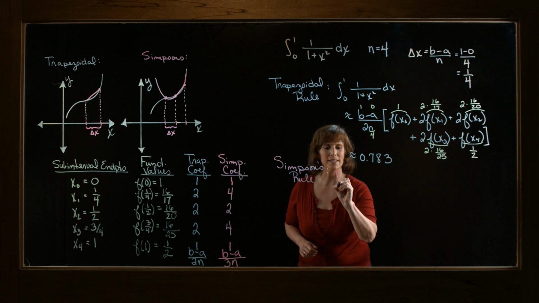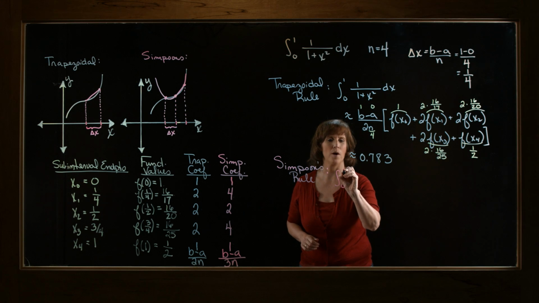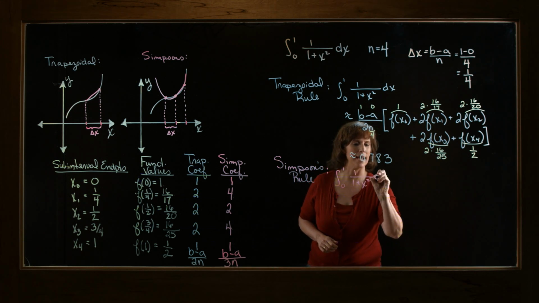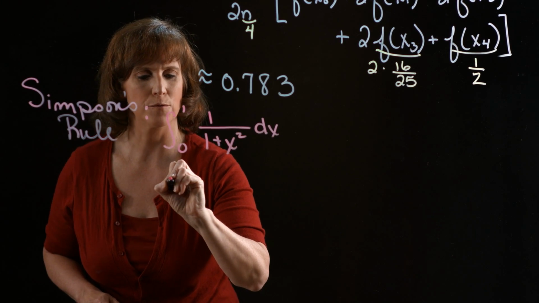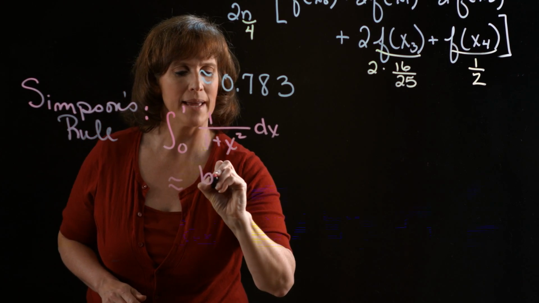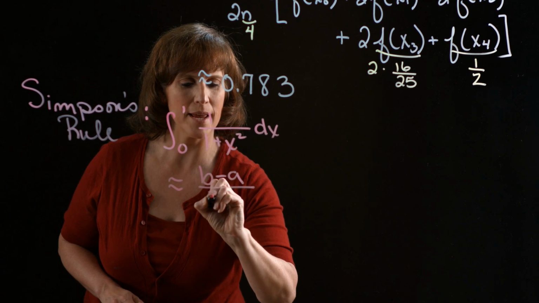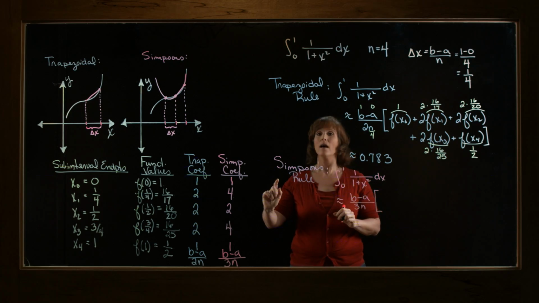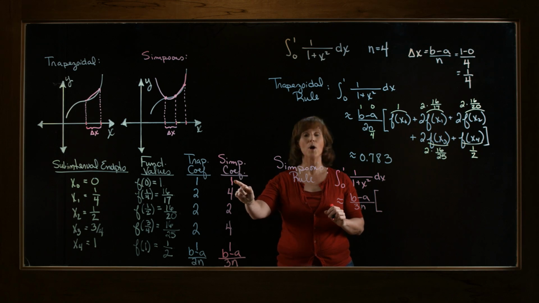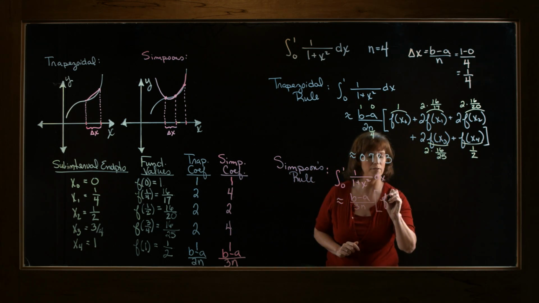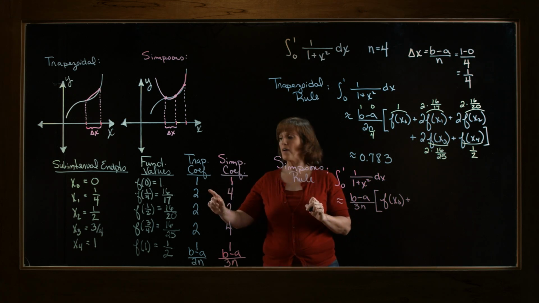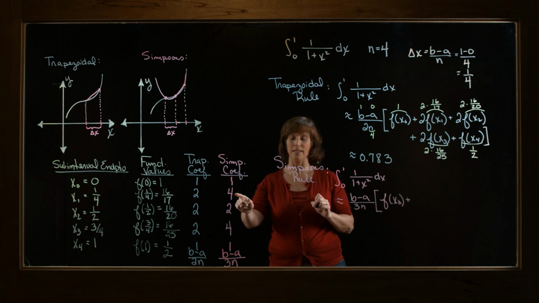So Simpson's rule states that if we want to integrate from 0 to 1, 1 over 1 plus x squared dx, we can use the formula b minus a divided by 3n times the quantity: f of x sub 0 with a coefficient of 1, so that's just f of x sub 0, plus f of x sub 1, but this time the coefficient needs to be 4.